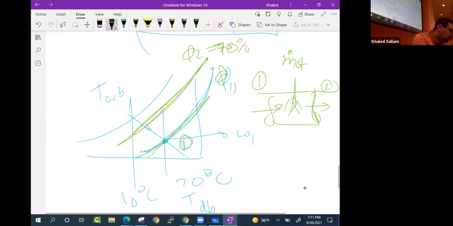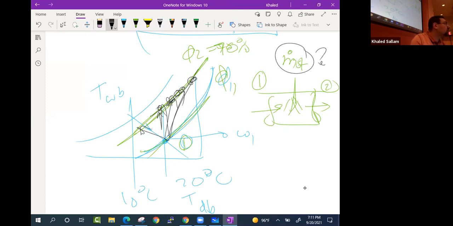You need to go, I don't know, he probably is not going to go like this because the steam is really hot. But he's going to go in one of those directions and he will end up here. And he's just wondering how much m dot steam can do that job. And once you find your point 2, they will tell us also what is T2.